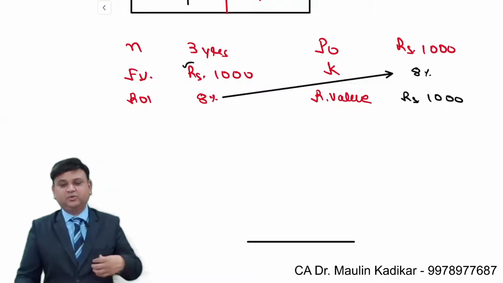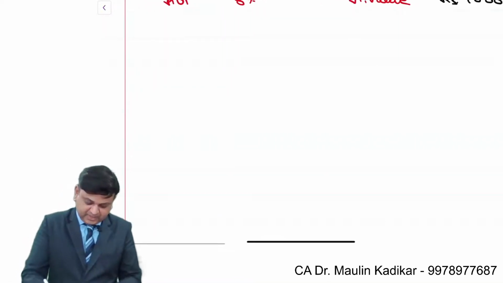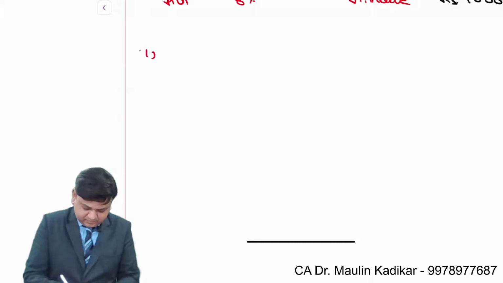This is the way we are required to give the answer for the first question. I am dictating the answer to you, and then I am taking any doubt if anybody has. Write an answer for the first question.